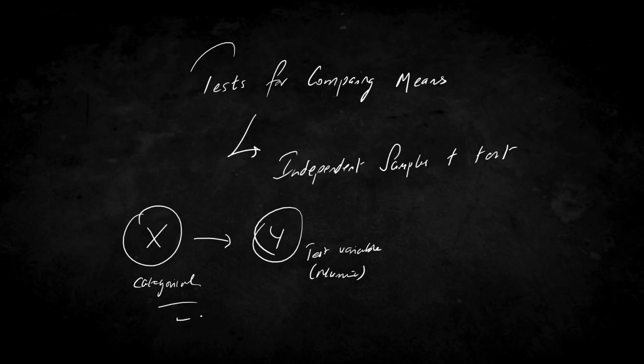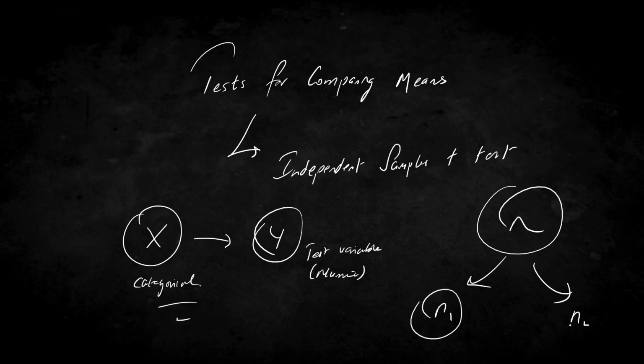That's one way of looking at it. Another way to look at this is that we have our sample of size n, and then we have our two groups n1 and n2, and what we are going to then do is compare the mean values.